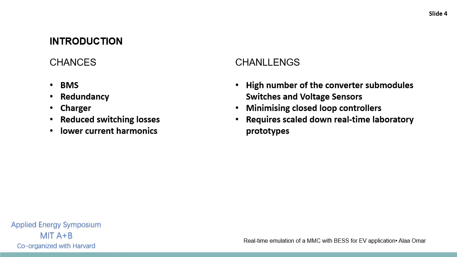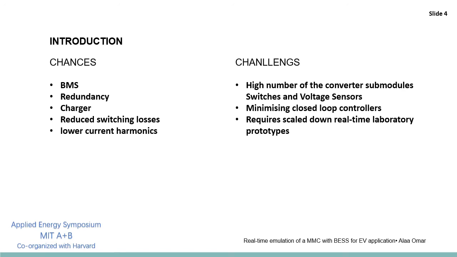The converter also can be used to charge the batteries from a single-phase source, a three-phase source, or a DC source. And because it's a multi-level converter, meaning a high number of levels, there will be reduced switching losses and lower harmonic currents.